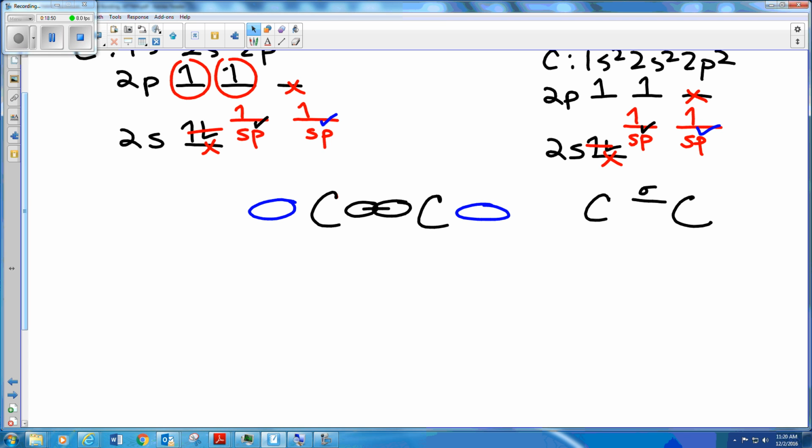Once again, the hydrogens will attach here. So now I am left with 2 higher energy p electrons.